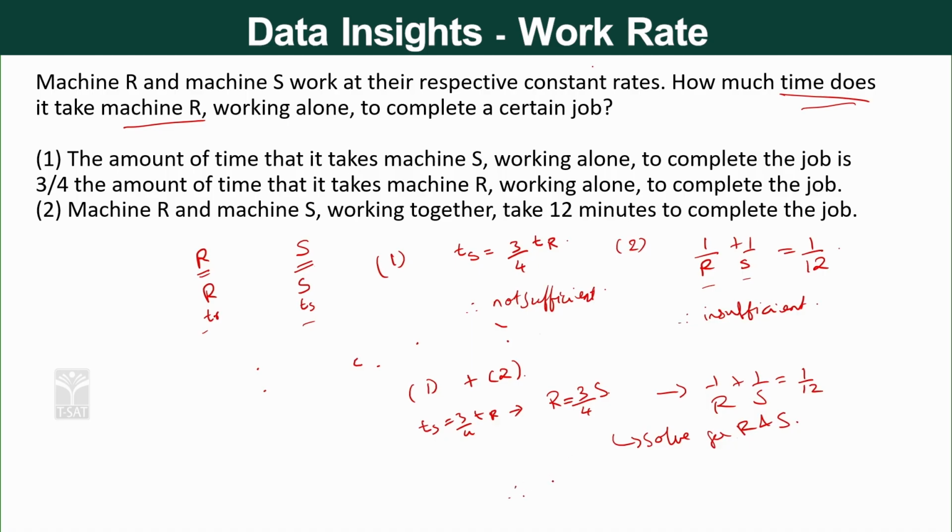Therefore, together these are sufficient. You do not need to make the calculations. You just need to see that there are two variables and two equations, so we can easily answer the question.